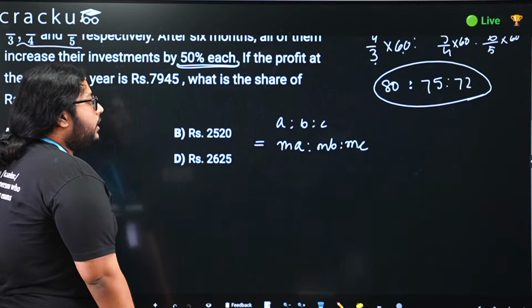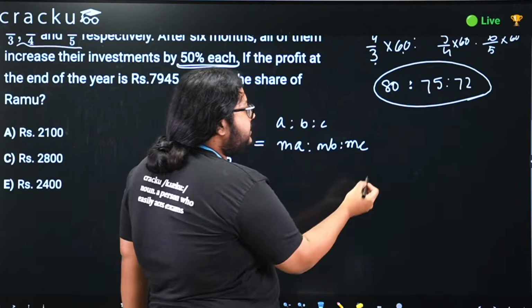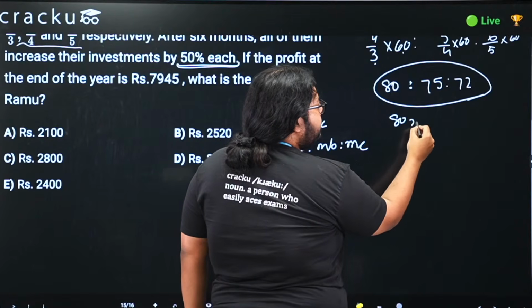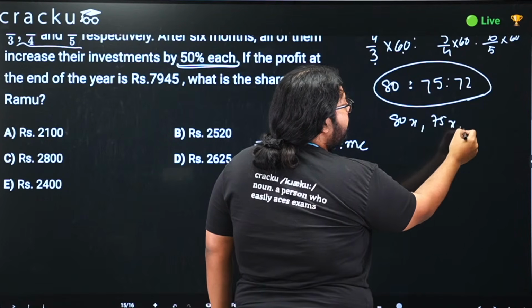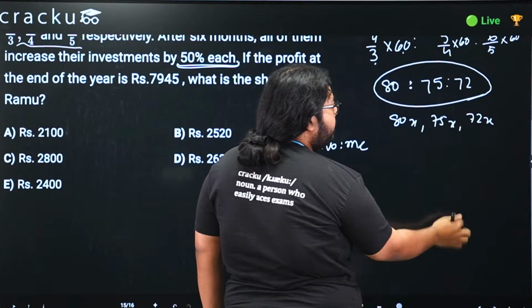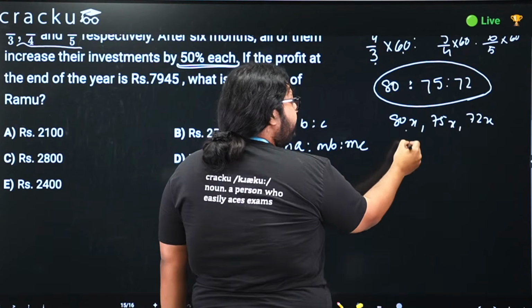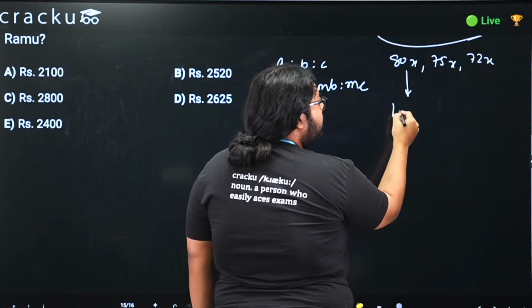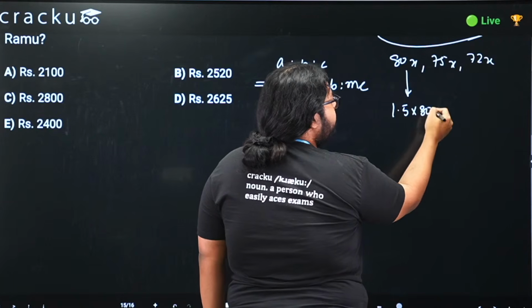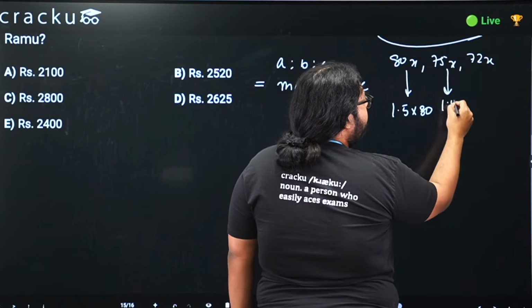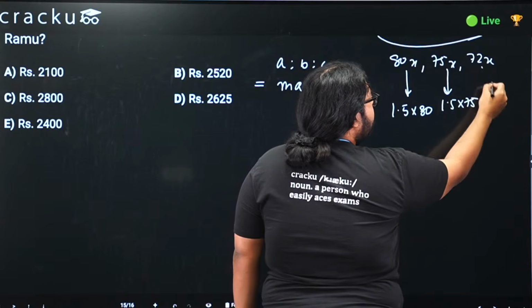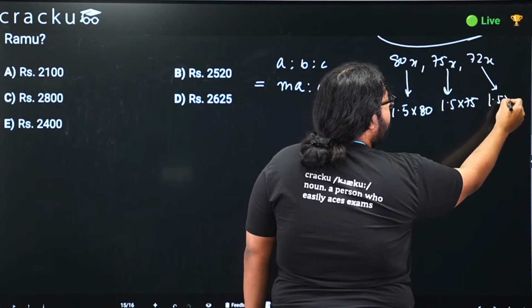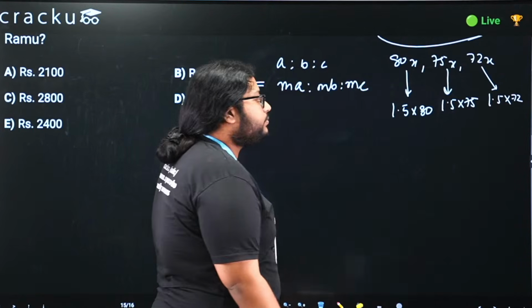So if the initial shares were taken to be 80x, 75x and 72x, where x is some number, after the investment this will become 1.5 times 80, this will become 1.5 times 75, and similarly 1.5 times 72.